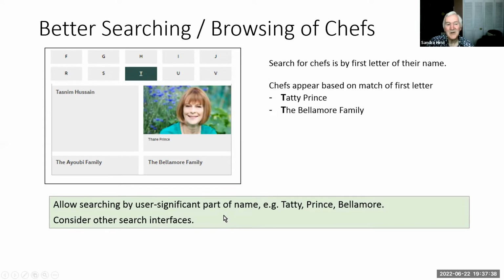So we could at least propose allowing searching by user-significant parts of the name. So Thane Prince could show up under T, Thane Prince could show up under P, the Bellamore family would rightly show under B. You could figure that out, but we could also consider other search interfaces as well, rather than the first letter.